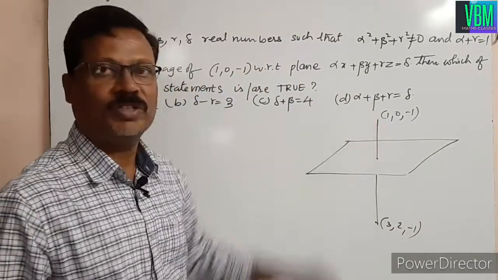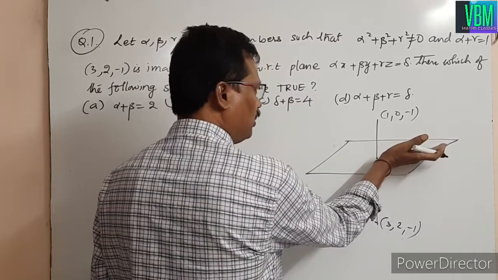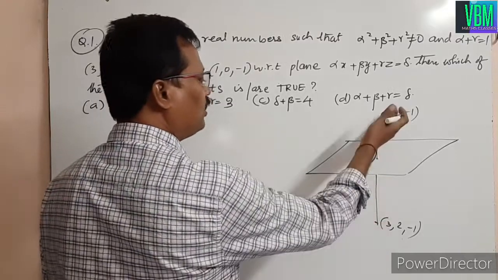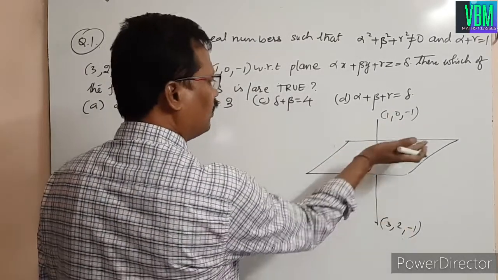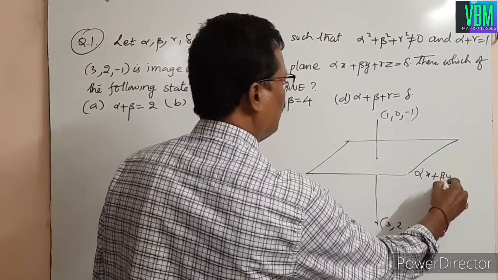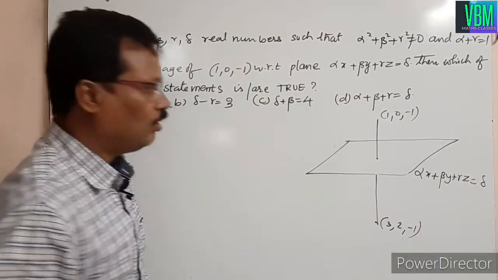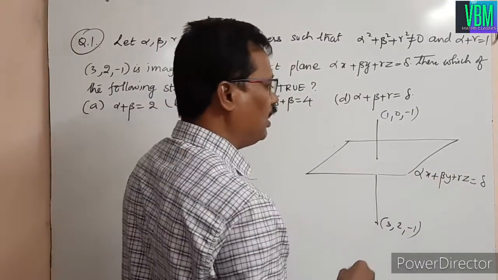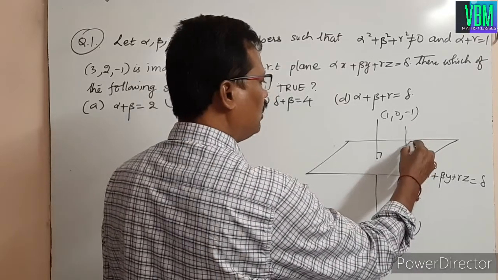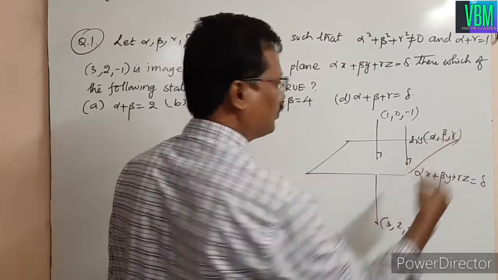This is the image of this one with respect to the plane mirror, right? This is the mirror image of (1, 0, -1) with respect to the plane given, alpha x plus beta y plus gamma z is equal to delta. Now what are alpha, beta, gamma? Those are the DRs of the normal to the plane, right?